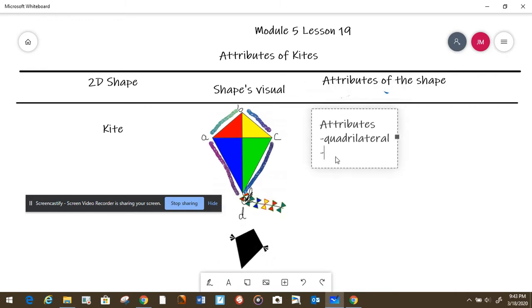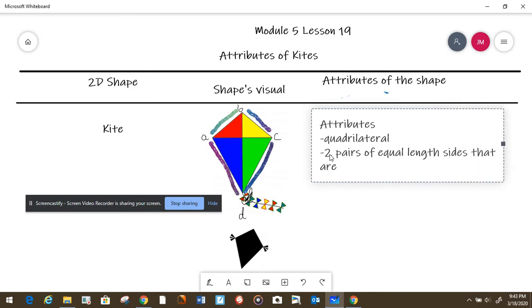So now let's write the information here. It has two pairs, or sets, of equal length sides that are adjacent to each other.